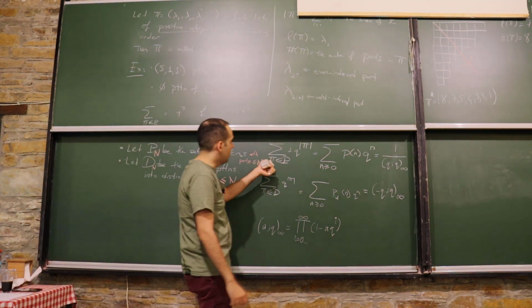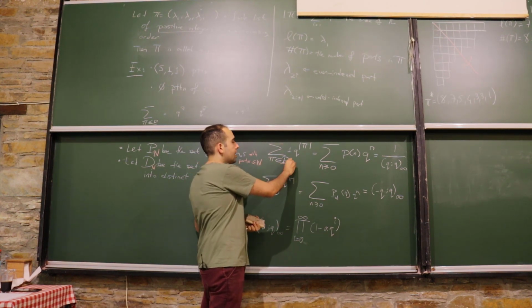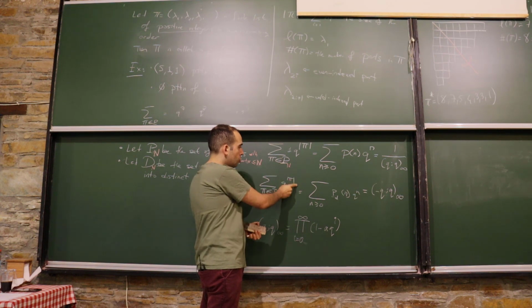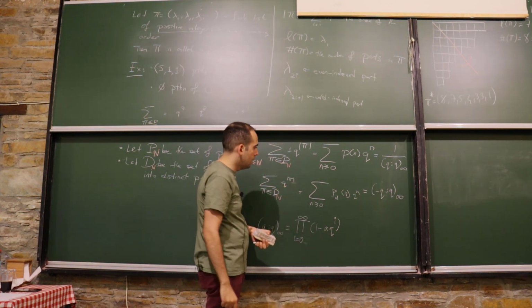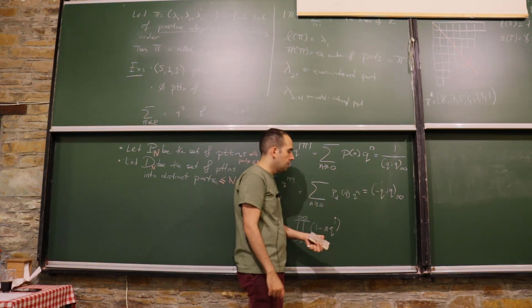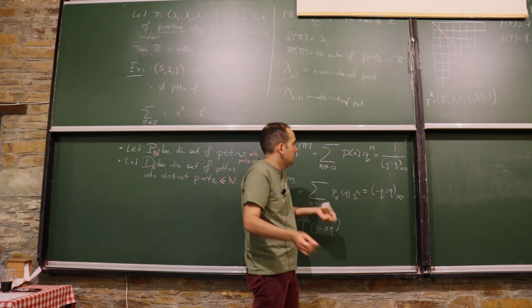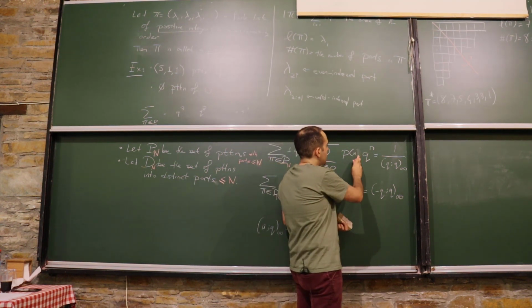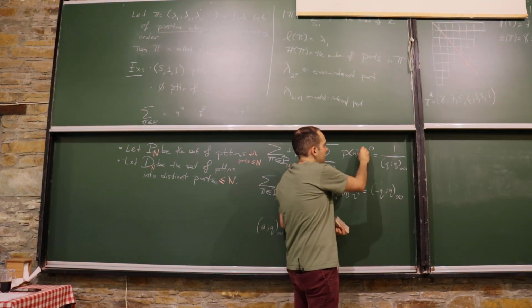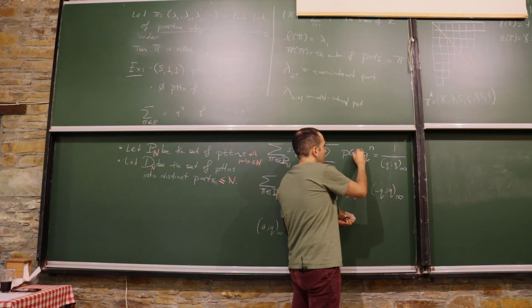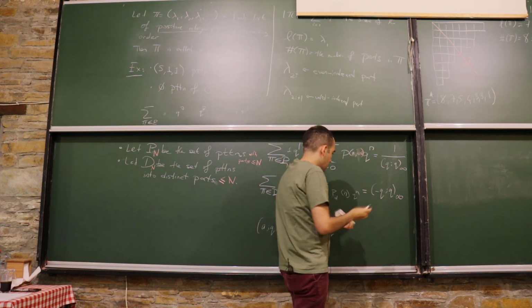What I want to do is take all the partitions that I counted that are in this set, and group them with respect to their sizes. Here, things would change, but I don't know how yet. So what I would say is, I know that these parts are less than N, whatever that might mean.